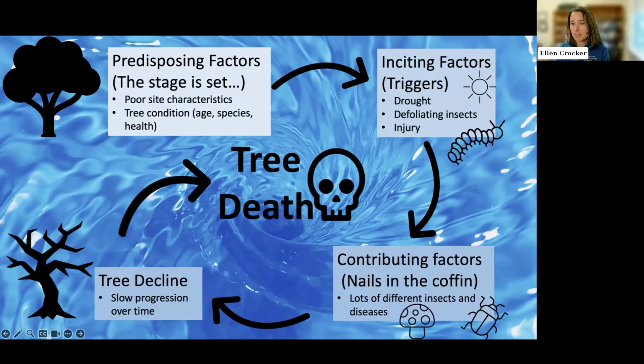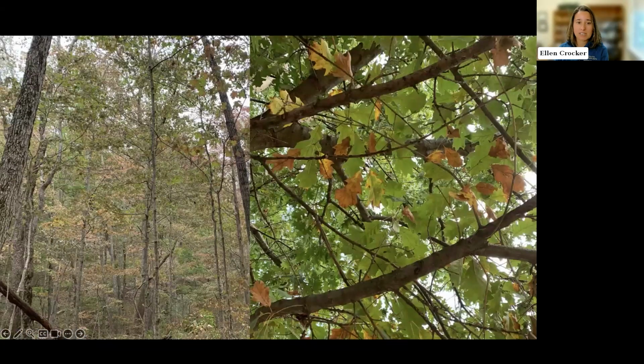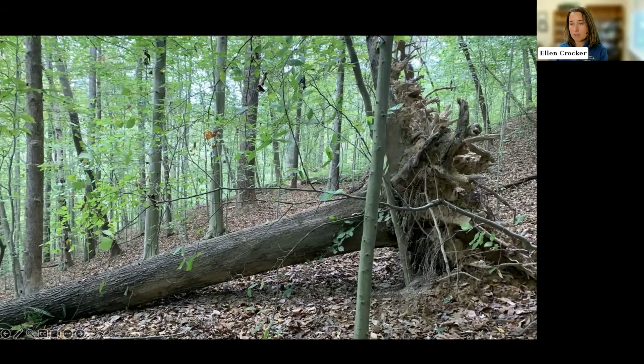So, just thinking about where we are in Kentucky right now, in the past few years, we have experienced a lot of droughts. These are both pictures of drought-stressed trees in the forest. You can see early fall color, the trees really struggling with that. We've experienced major weather events, windstorms and hurricanes and tornadoes, lots of things that can also stress trees.